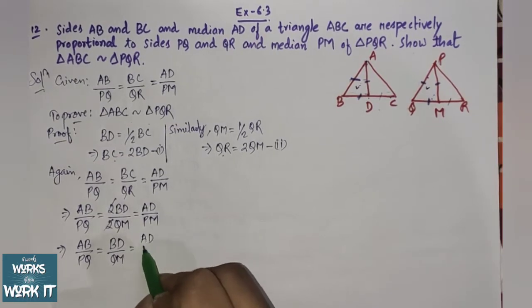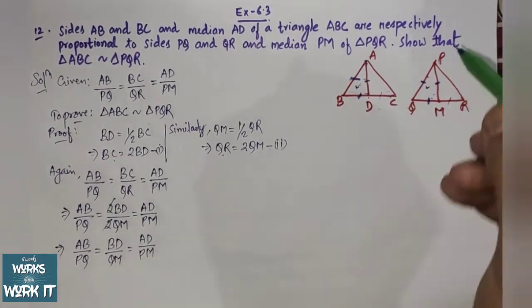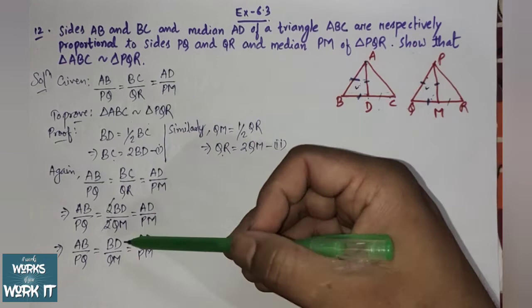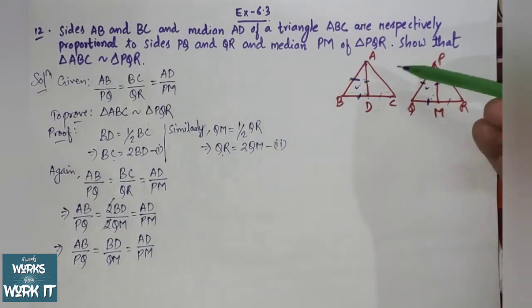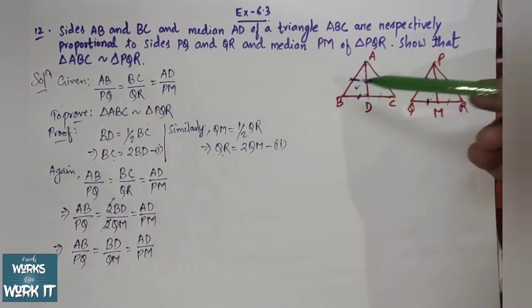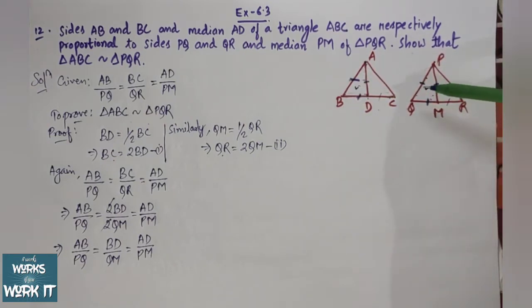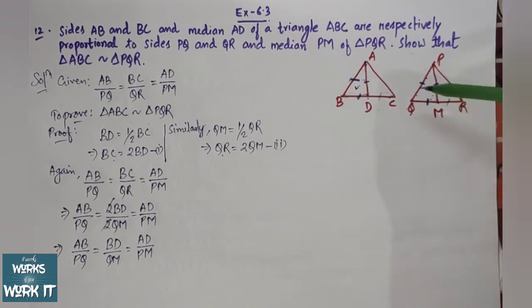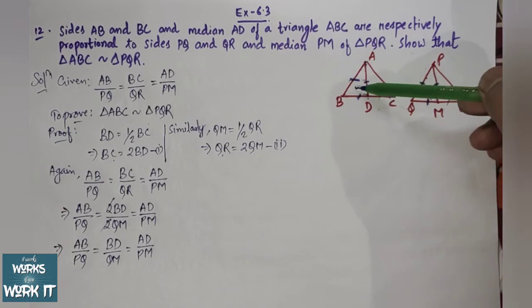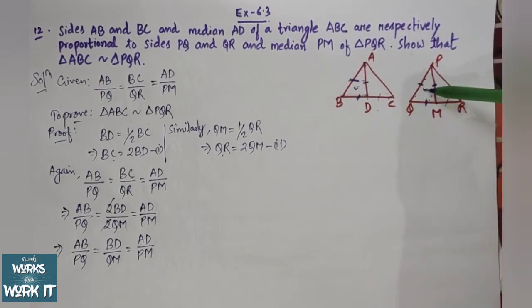And then AD by PM. Now we will see in the diagram which triangles these proportional sides come under. AB by PQ, BD by QM, and AD by PM are coming under these two triangles, triangle ABD and triangle PQM.